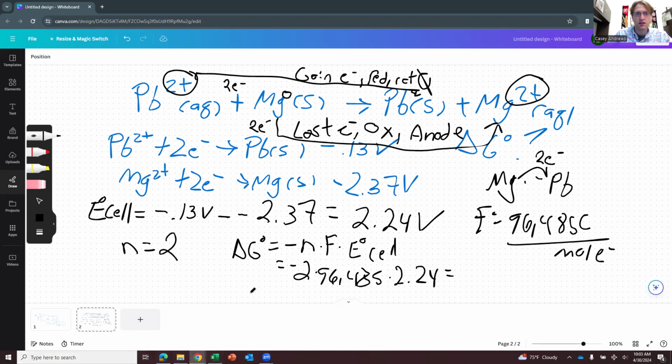Let me calculate this. Sorry, just getting on my calculator. 2 times 96,485 times 2.24. 432,253, and this will have the units of joules per mole. Right, so that's an easy calculation to do once you find out the number of electrons.